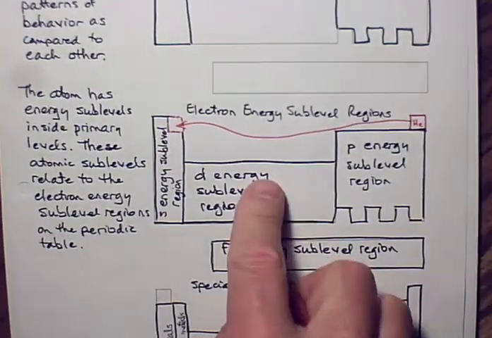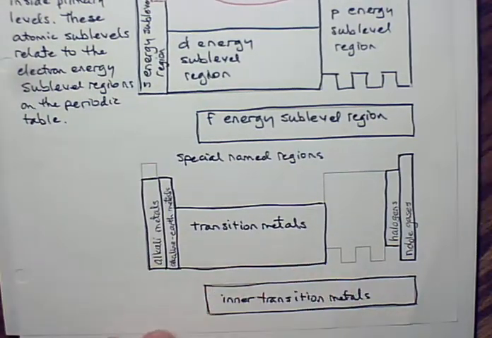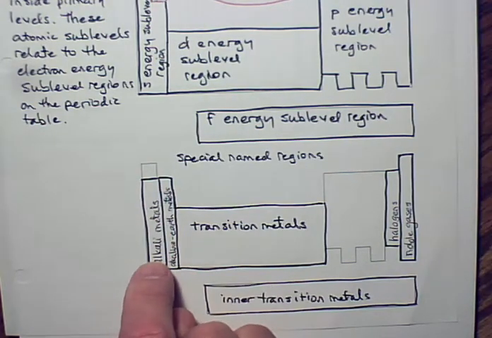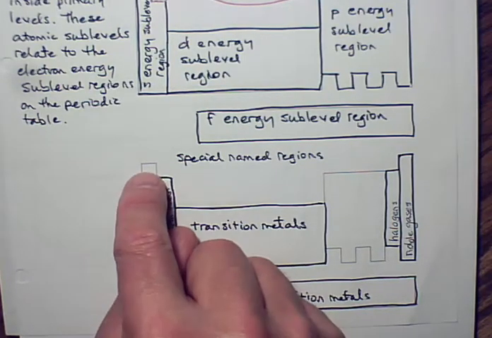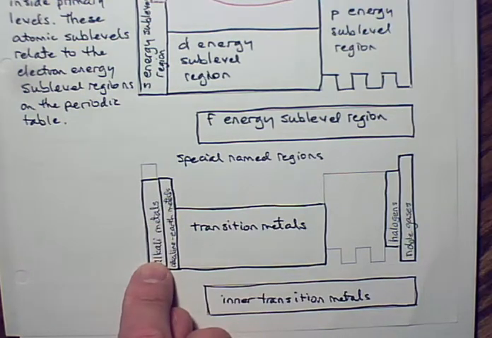All right, and we talked about the sublevel regions here. Then there are some specially named regions of the periodic table. This first column here, except for hydrogen. Hydrogen is not part of this. That's called the alkali metals. It's all one family, all one group.